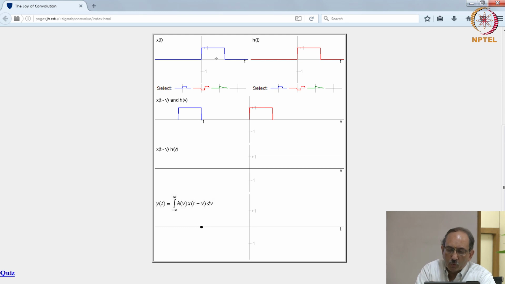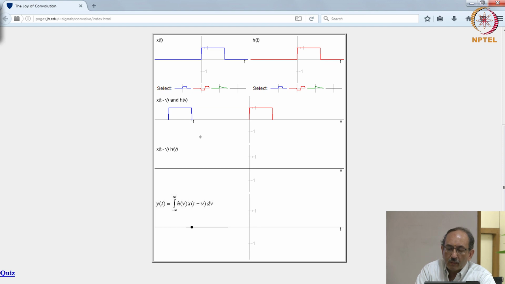However, if you notice where the origin is attached, this was the original origin. Remember the pulse was to the right of the origin before flipping, whereas after flipping the pulse is to the left of the reference point, and this origin is marked as t, and now I can move this to the left or to the right.